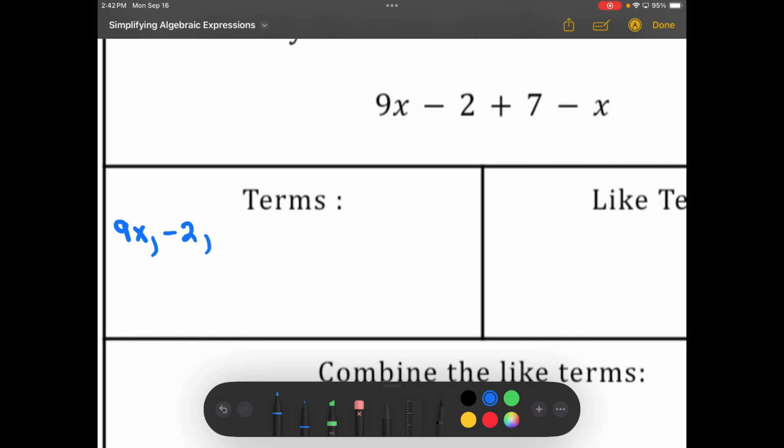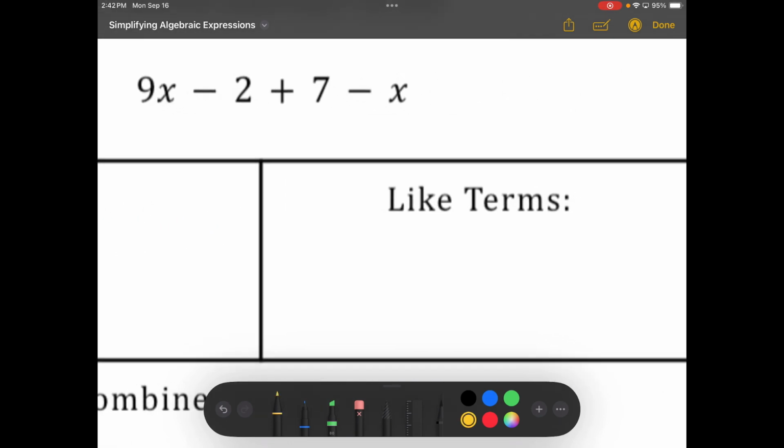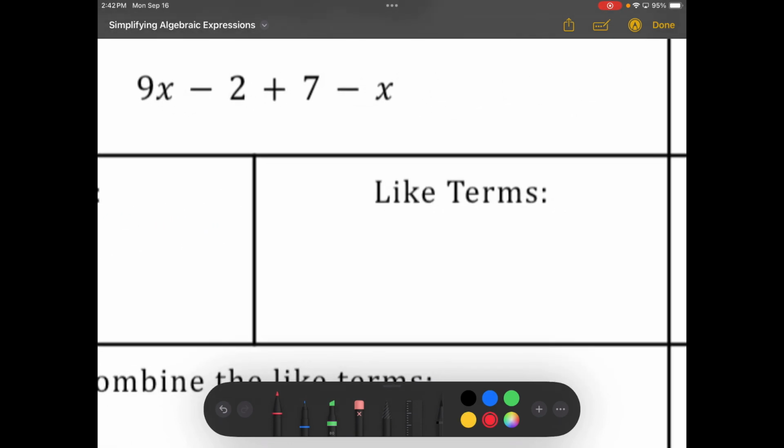What is the next term? Positive 7. Now, you don't have to put the positive. It's assumed. And the very last term? Negative x. We are now going to identify the terms that are alike. Always start with the variable. I'm going to start with 9x. What is the other variable in this expression that is like 9x?